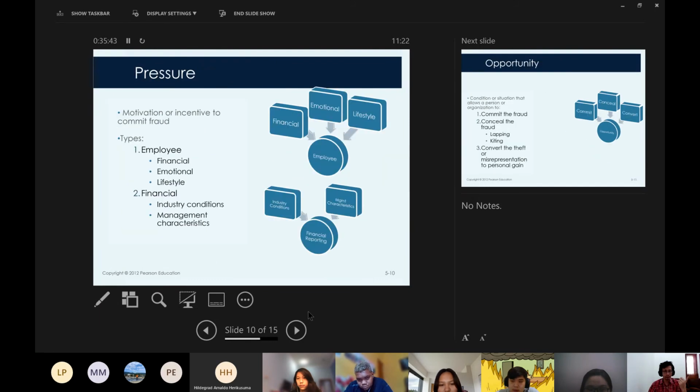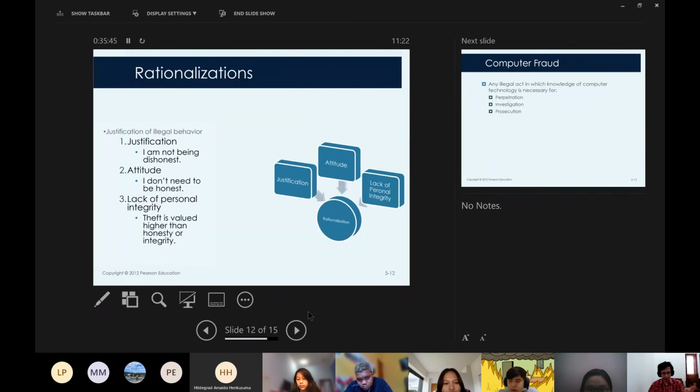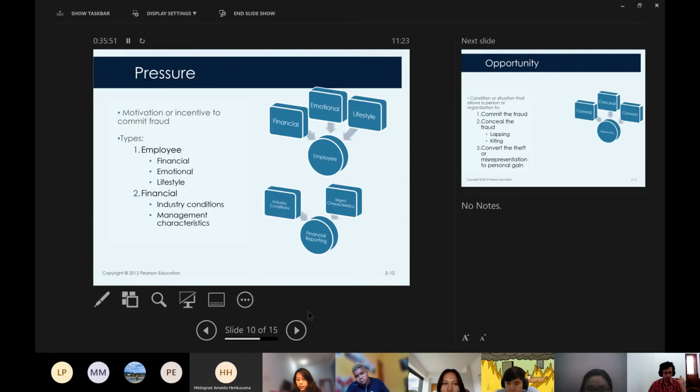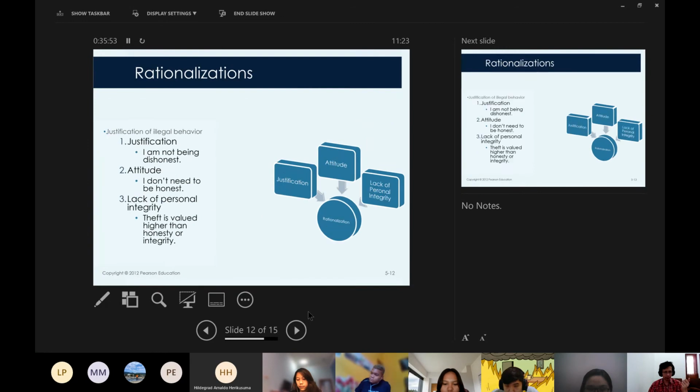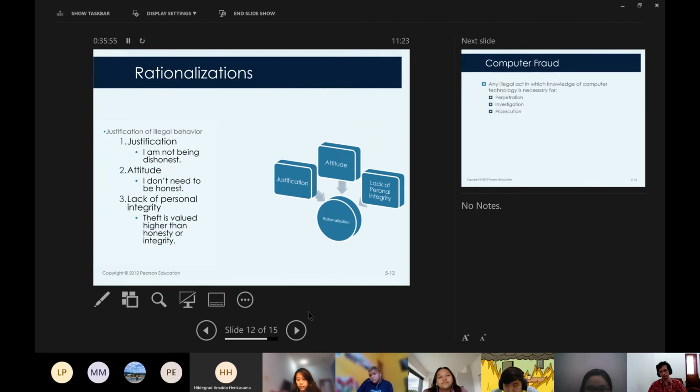Pressure, opportunity, and rationalization. We cannot do anything about pressure and rationalization. Okay. It's up to the person. A lot of companies have tried to only recruit honest people, good people.